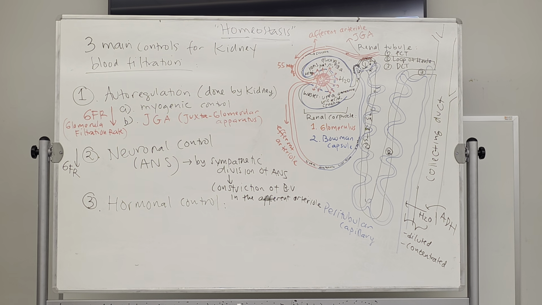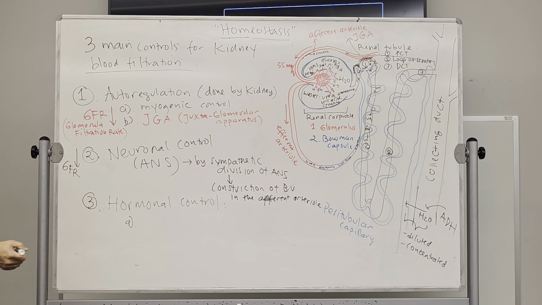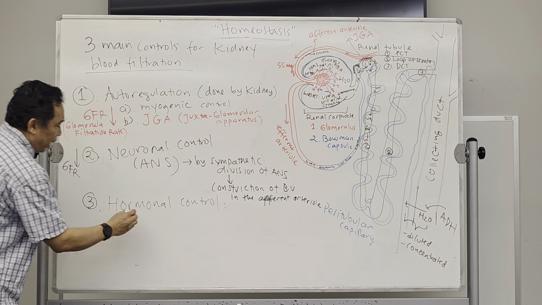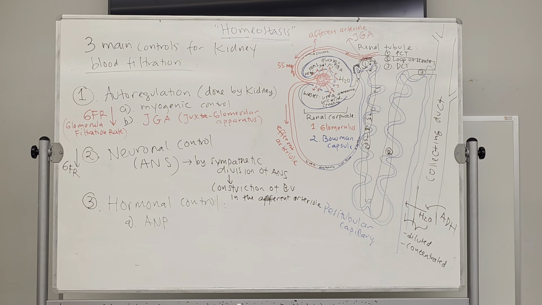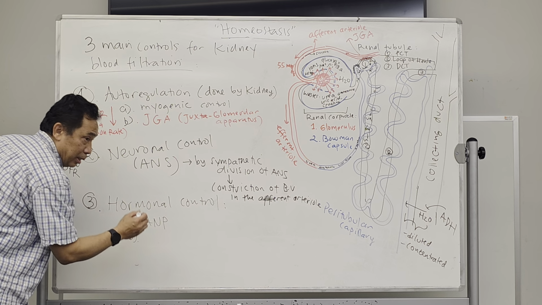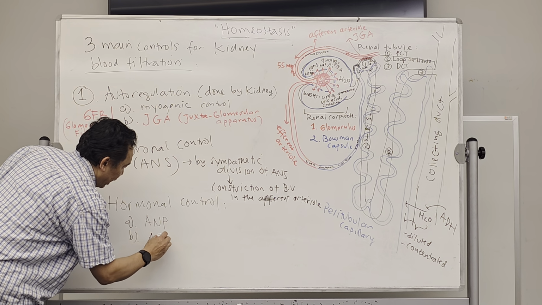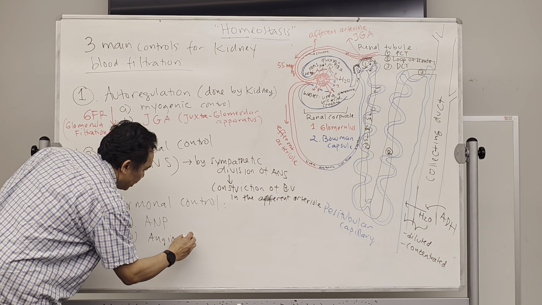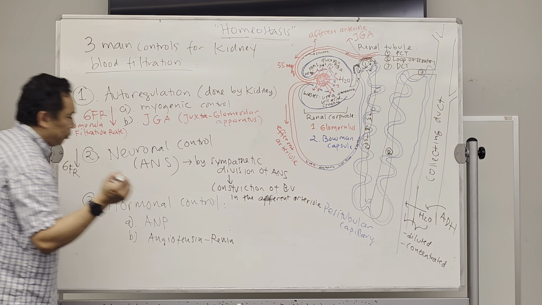Okay. There are several hormones that are important in controlling this urine formation. The first one is called the ANP. The second one will be a combination of angiotensin and renin hormones.